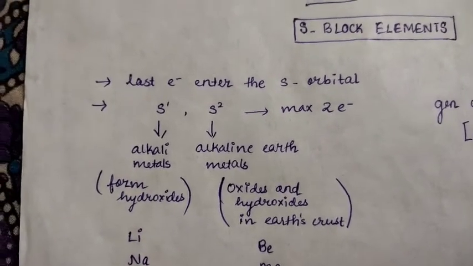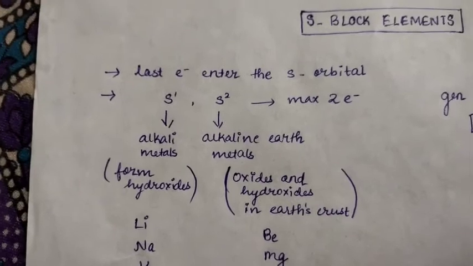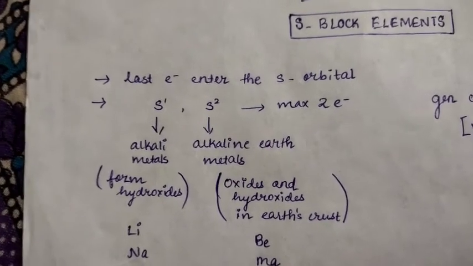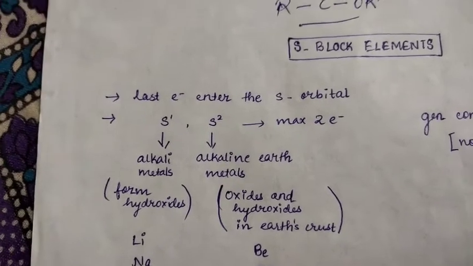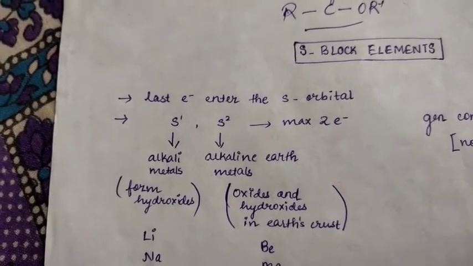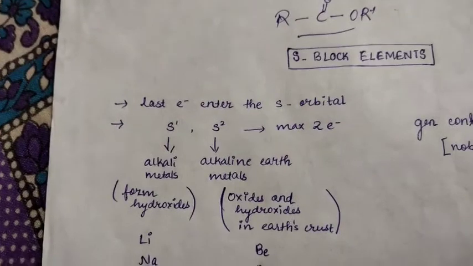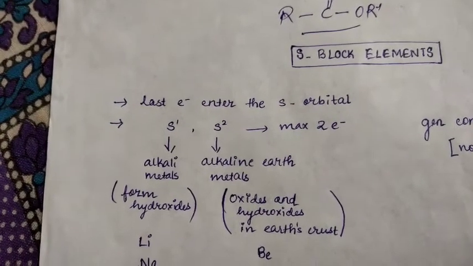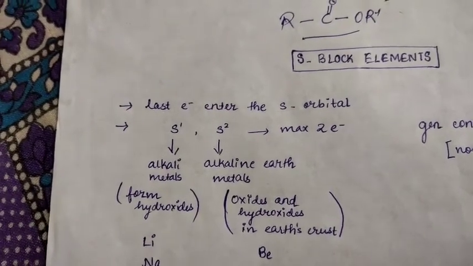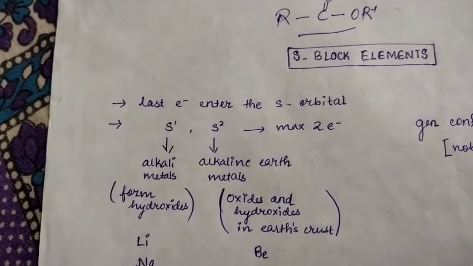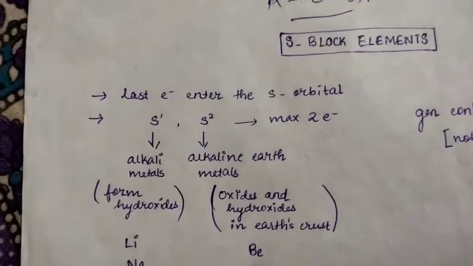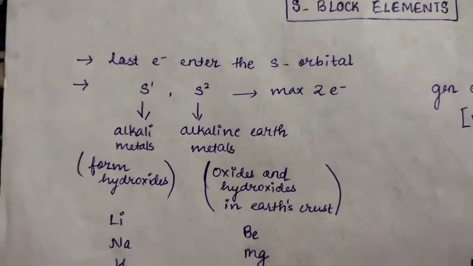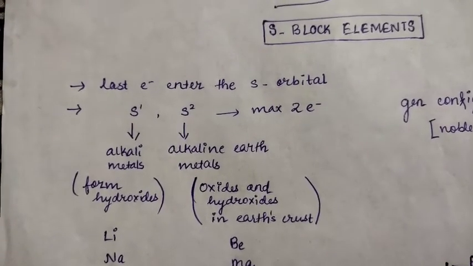In S block elements, you have to know one conceptual thing: the S subshell can have 2 electrons at the most. If only 1 electron is left out, like for sodium, then that single electron will enter the S only, right? So when only 1 electron is in the S, it is known as the alkali metals.